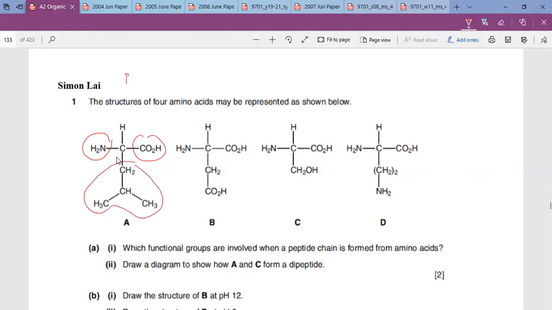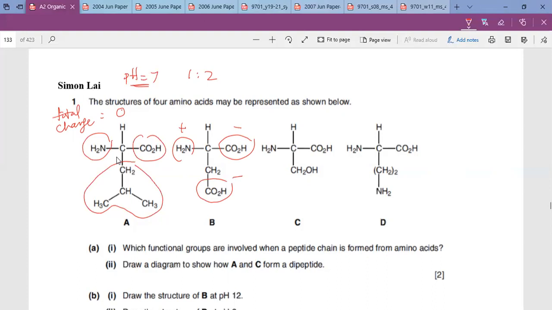Under pH 7, this will be neutral. For the charge, you put the total charge here. It's equal to 0 here. Now for B, you have 2 acid groups and 1 amino group down here. So it's like 1:2. So at pH 7, this will be charged positive, and these will be charged negative.